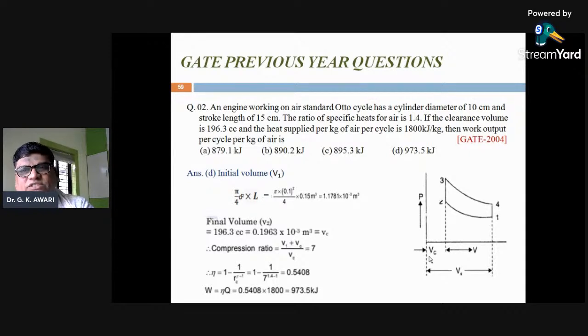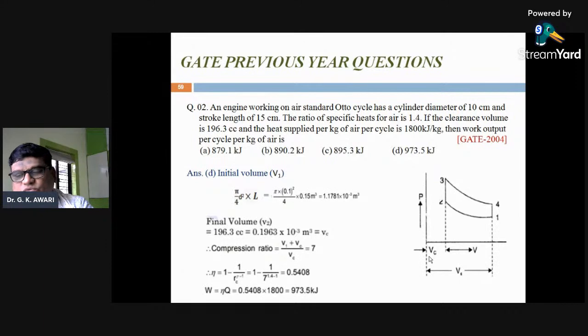Four options are given: 879.1 kilojoule, 890.2 kilojoule, 895.3 kilojoule, 973.5 kilojoule.